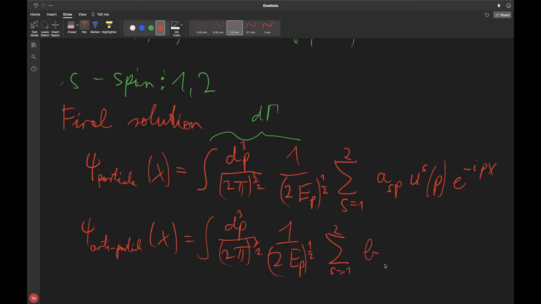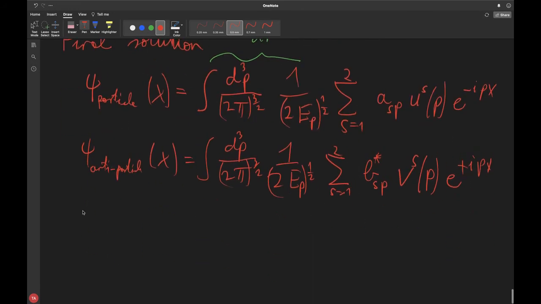Let's just call it b, and it's also different for different spins and different momentums, and it's actually the complex conjugate of this number, and we have the solution v, which again is different for each spin, and it depends on the momentum, and the other change is that we make this into a plus sign.